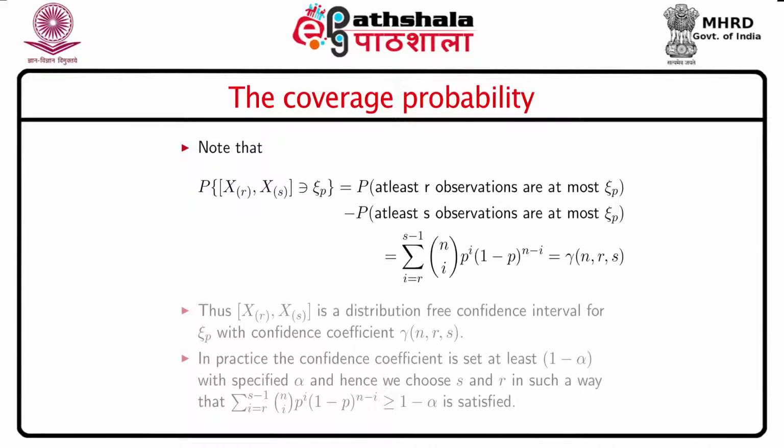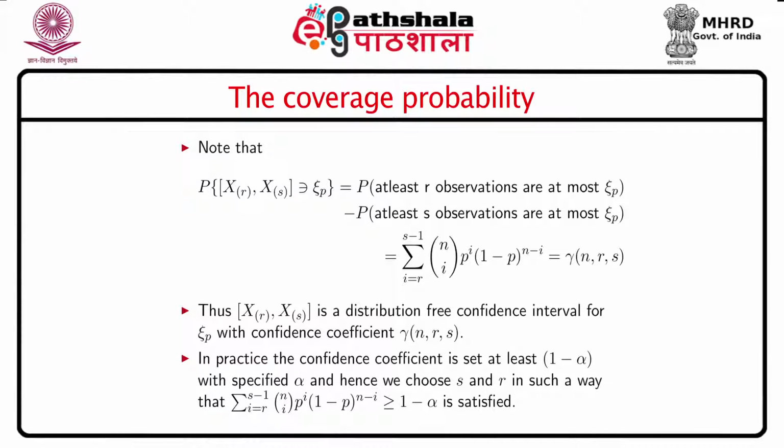Now, after a little manipulation using the properties of order statistics, we find that the above probability is equal to the summation i from r up to s minus 1 of n choose i, p to the power i, multiplied by 1 minus p to the power n minus i, which is denoted by gamma_{n,r,s}. Naturally, this coverage probability gamma_{n,r,s} is independent of F, and hence the random interval X_(r) up to X_(s) is a distribution-free confidence interval for xi_p with confidence coefficient gamma_{n,r,s}.